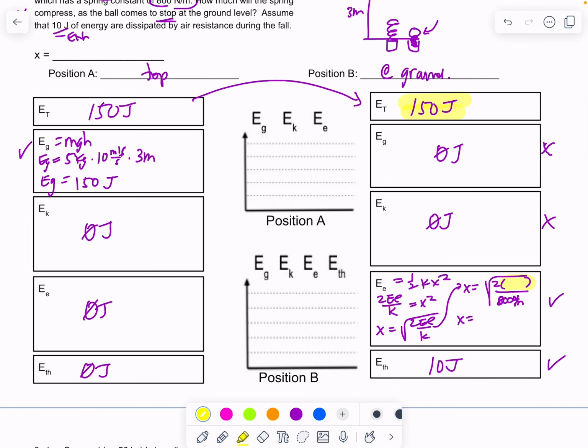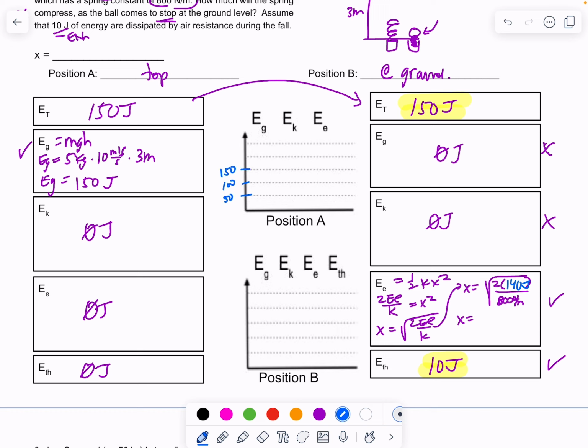If I have 150 joules total, and then 10 of it got wasted, that means I'm only going to have 140 joules left. So in my graph, let's label these by 50s.